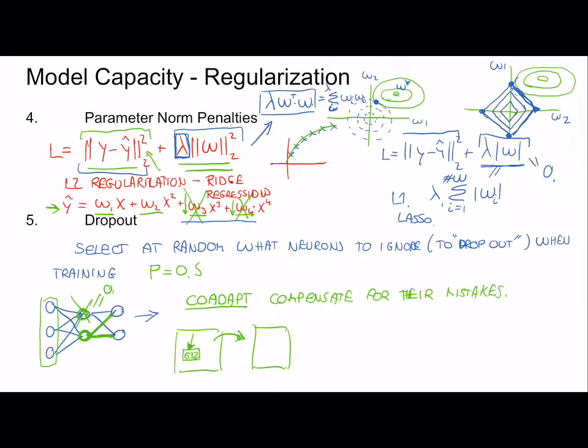If this neuron is not always present, the neuron that is left out cannot rely on the other one, because it doesn't really know whether this neuron is going to be there to fix its mistakes. So we remove this ability of co-adapting. And essentially what that means is that neurons do not overfit anymore to our data, to our training samples.